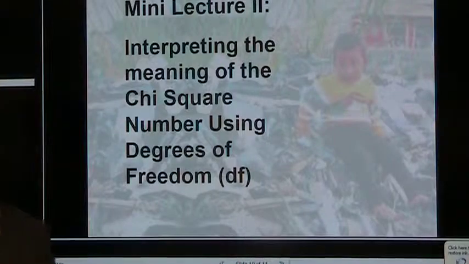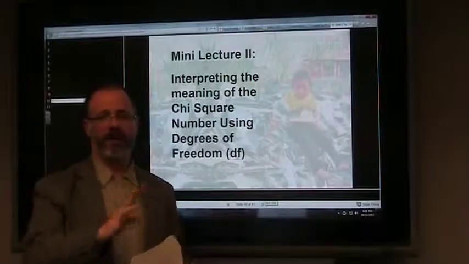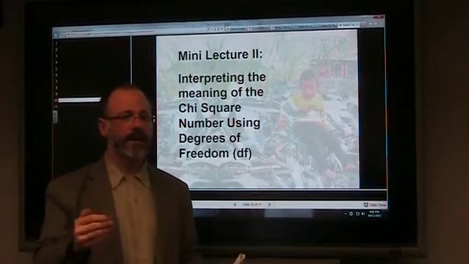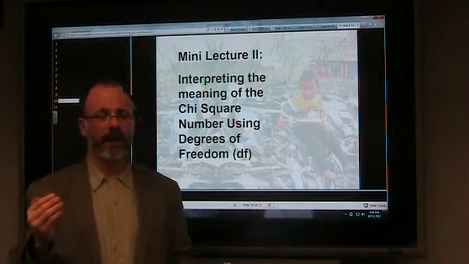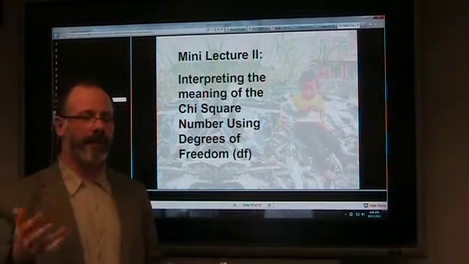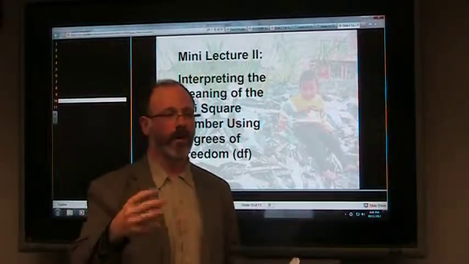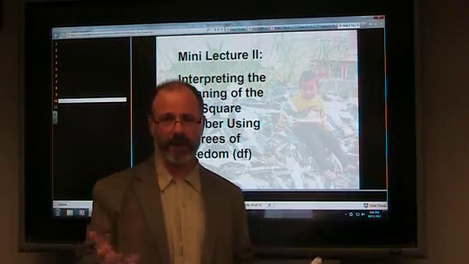All right, so this brings us to the end of part 1 of bivariate tabular analysis. We've calculated the chi-square number. What we'll be doing next week in class is determining whether or not the number that we've calculated is statistically significant.